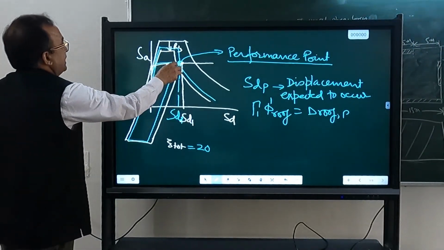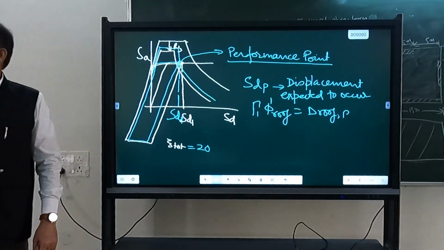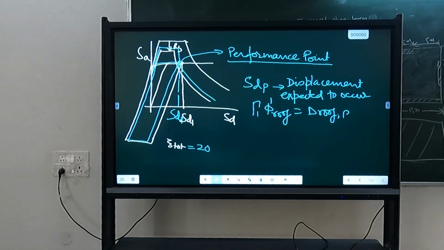Because if you are considering less displacement, the area of the hysteretic loop is less. Damping is not resistance offered. Damping is energy dissipated. Damping is not representing force. Damping is representing energy dissipated.